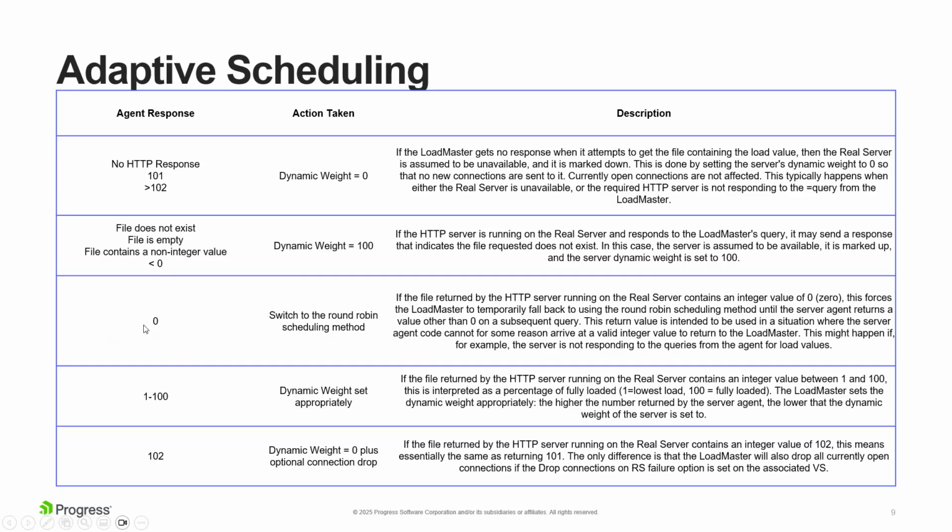So that's what I said. 0 is round robin. 1 to 100 is the weight that you can load it with. 102 means we are dropping all connections to that server. 101 means we don't take new ones on, but we continue with the ones that are still on it, right?